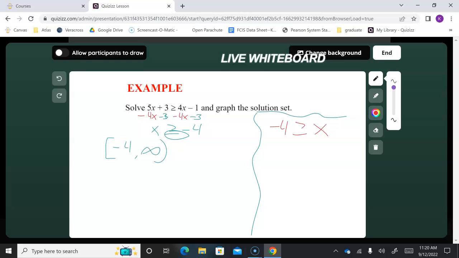But if I had this as an answer to a different question, then this is the same as x being less than or equal to -4, which means my lowest value is negative infinity, and my largest value is -4. Now, if you got this, you'll see the mistake that you made coming up in just a minute. It had to do with if you move the 5 over to the other side, it changed our solution a little bit. Okay. What about my graph?